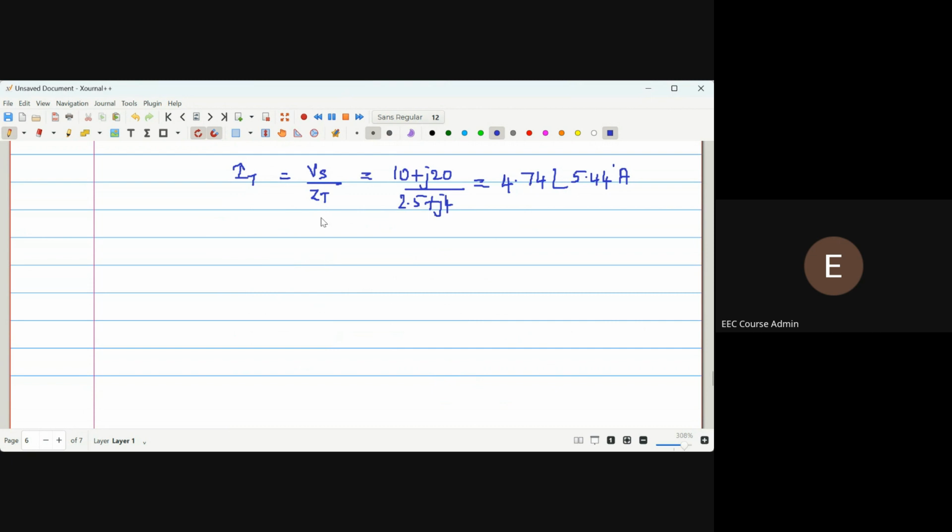So what is the polar form of 10 plus J20? The source voltage 10 plus J20 will be 22.36 angle 63.43.